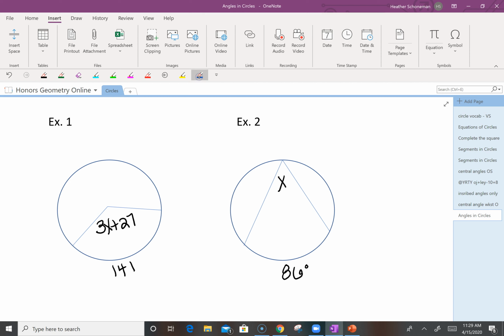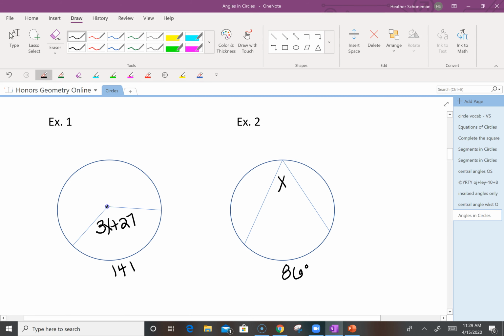Okay. This is not the most accurate drawing, but this should show the vertex is on the center. On the first one, because it's on the center, it is a central angle. It's formed by two radii. The vertex is right here on the center. So when that is the case, the angle, which is always closest to the center, which is 3x plus 27, is equal to the intercepted arc, which is 141.